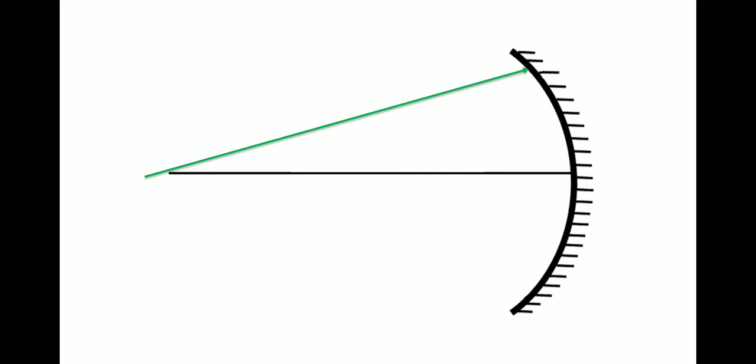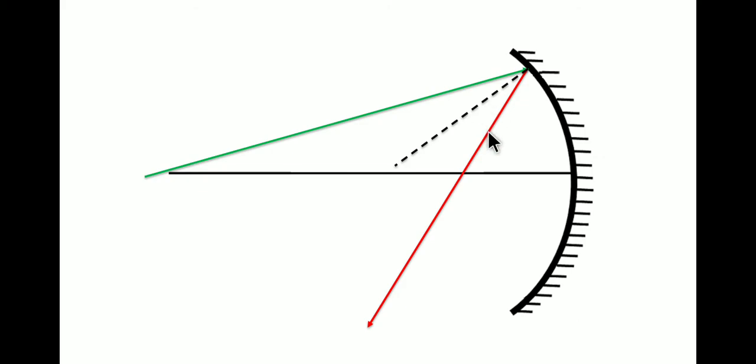Then according to the laws of reflection of light, there should be a normal at that point for that mirror, and the incident ray makes some angle with the normal. According to that it has to follow the law of reflection, and then there will be the reflected ray which again forms a similar angle.